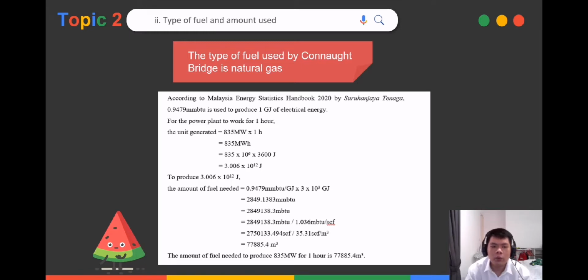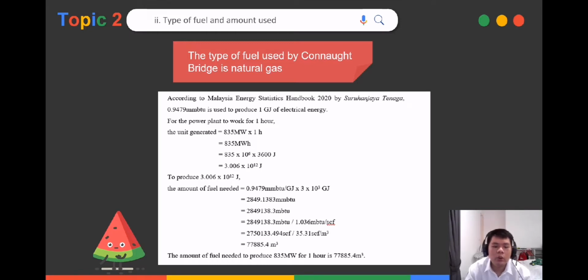For the power plant to work for 1 hour, the unit generated is 835 megawatt hours, which equals 3.006 terajoules. To produce this much electrical energy, the amount of fuel needed is 2,849.1383 MMBTU, and converted to normal cubic meters it is 77,885.4.